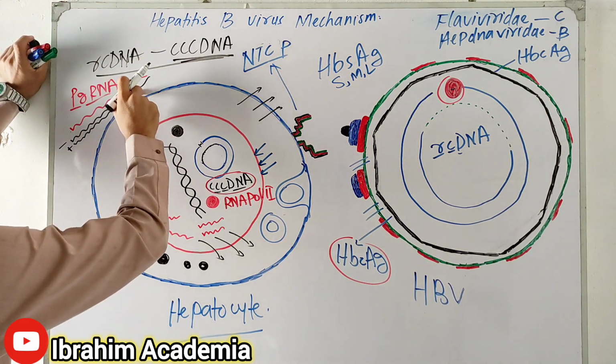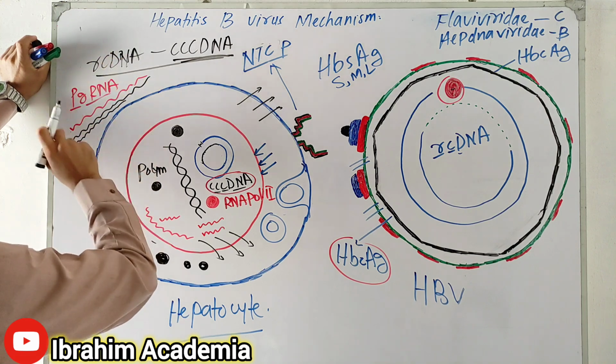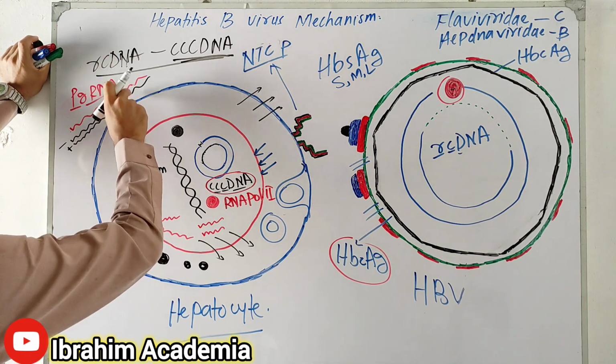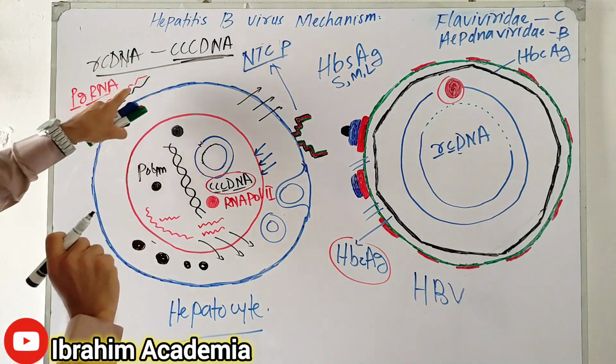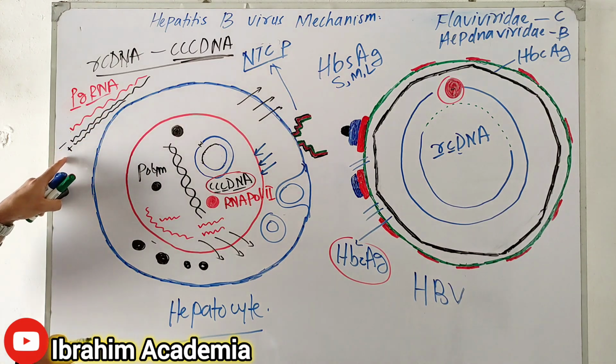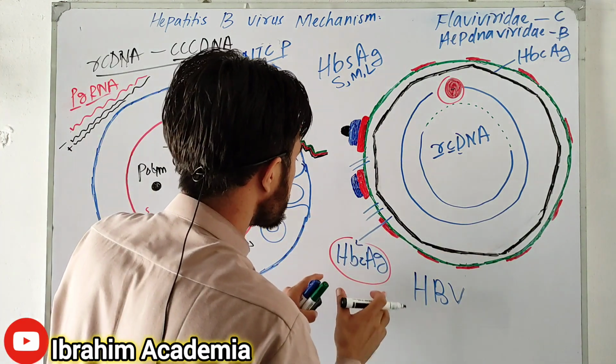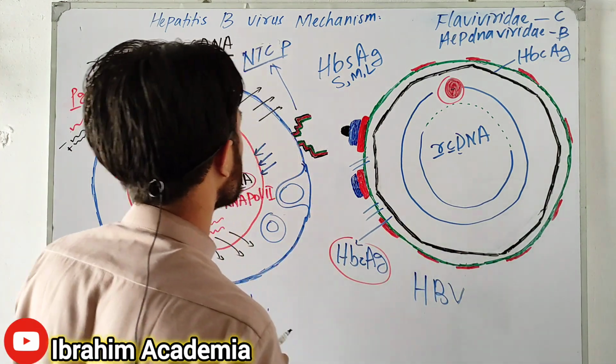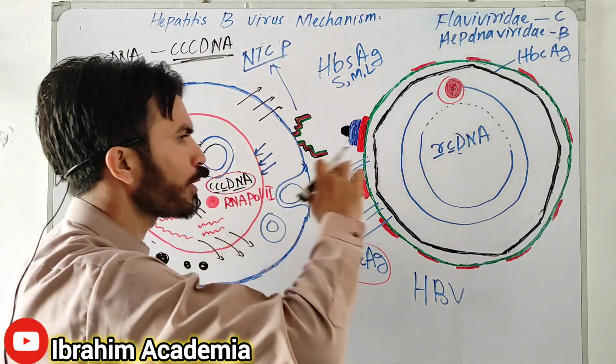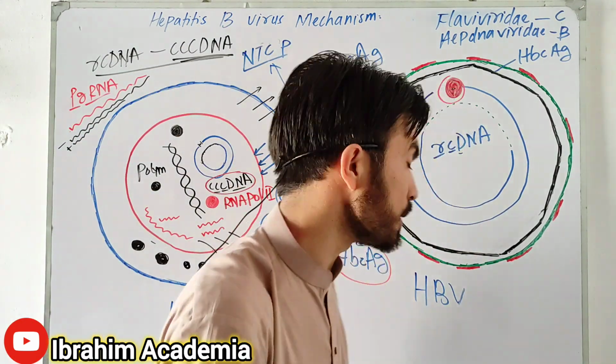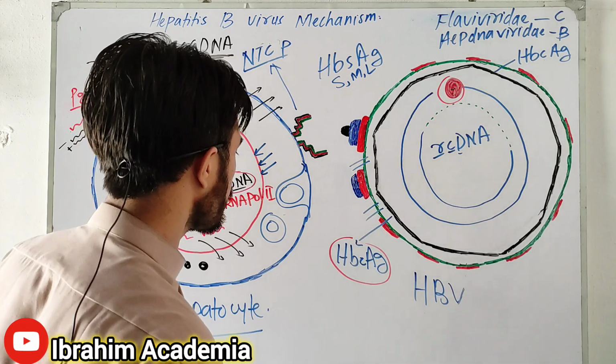And when the negative strand DNA molecule forms, it then forms the positive DNA strand molecule, and when it reaches half of the DNA negative strand, it stops suddenly and the entire capsid gets its assembly and a new virus particle is formed, and those new viral particles start to infect new healthy hepatocytes.